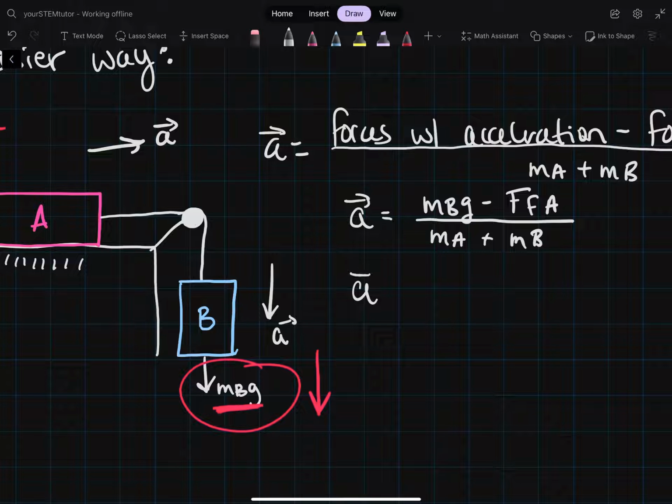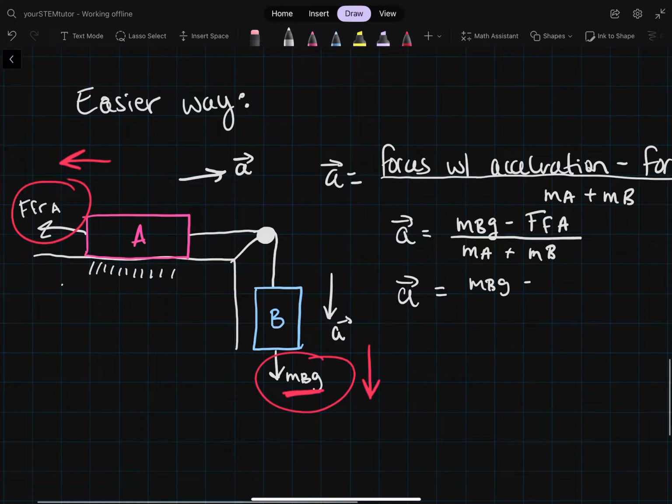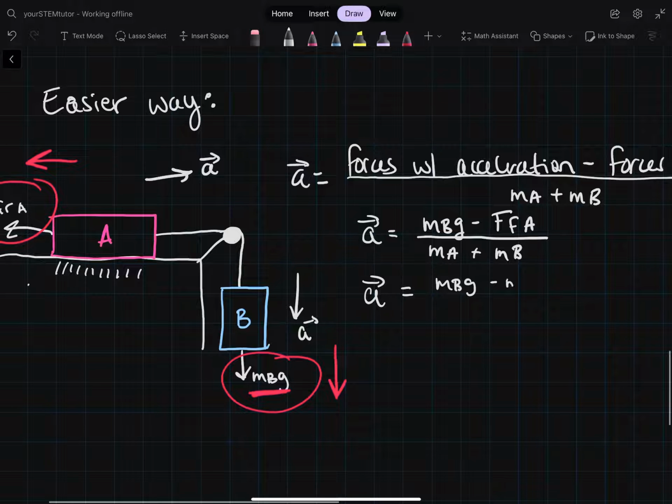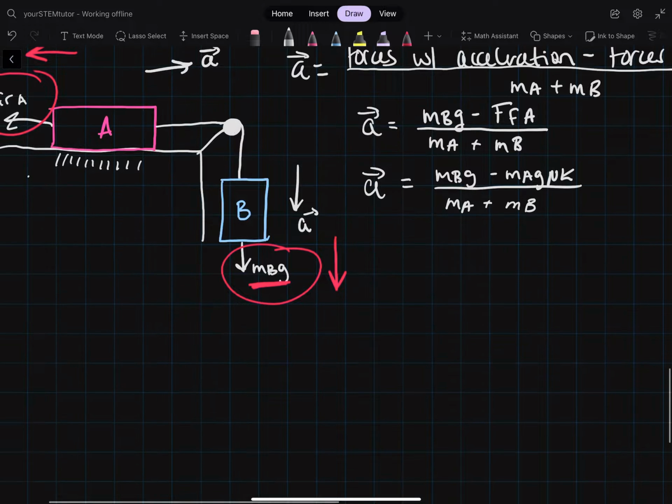And like previously discussed, we already determined what force of friction A is, and that it's MAG mu K. So we already have that established, which it normally is MAG mu K unless it's on a slant or there's something making the problem a little bit more difficult.